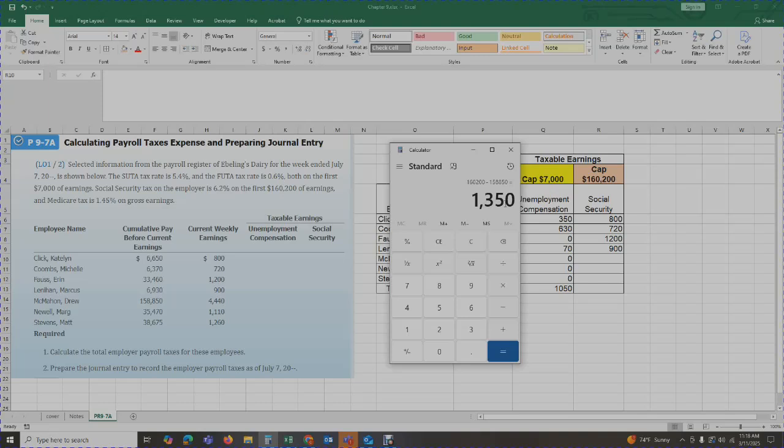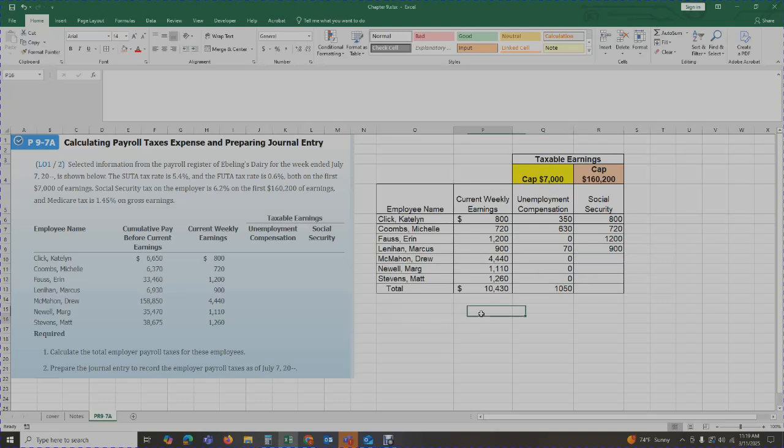Anything above that will not be taxable. So we need to remember, 1,350 will be taxed. Okay, so what does that mean? That means that Drew earned 4,440. Out of the 4,440, 1,350 is taxable and 3,090 is not taxable.